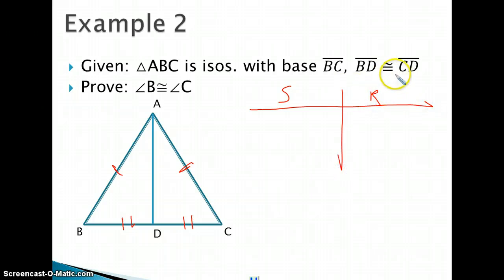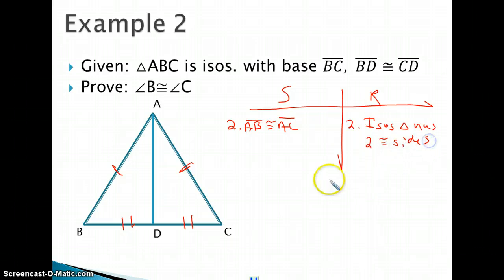So I knew BD congruent to CD. Because of the first given, I knew that AB congruent to AC. And my reason is going to be the fact that I knew it was isosceles. So an isosceles triangle has two congruent sides.